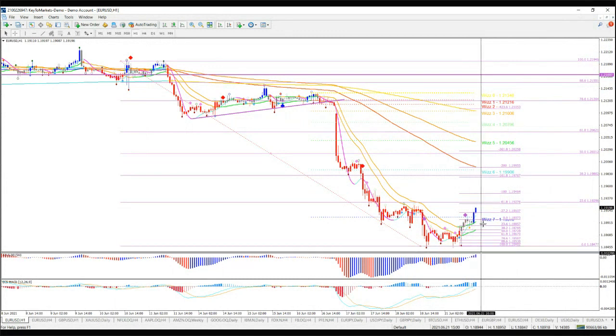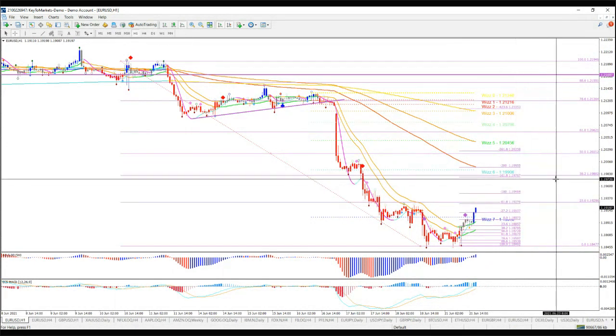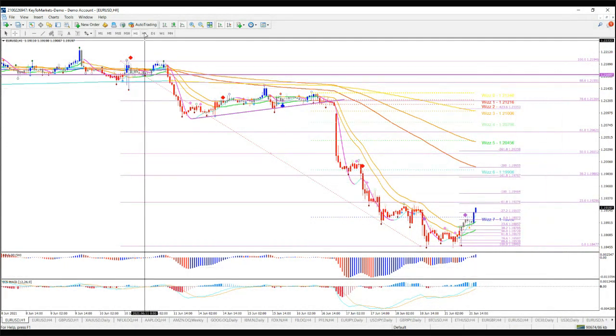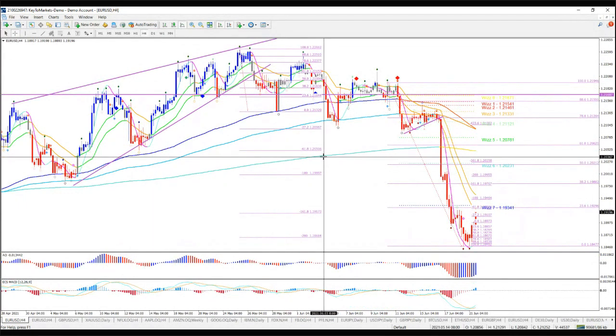But there's time, because this is a wave 4, so there's no rush. The price could build some lengthy wave 4 here before moving down again. So I don't expect that it will happen too quick.